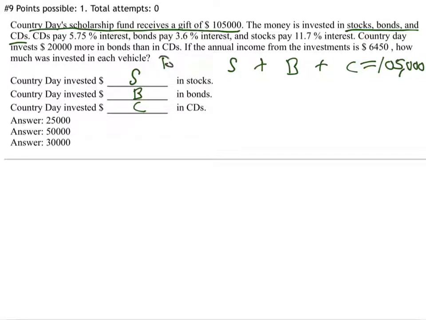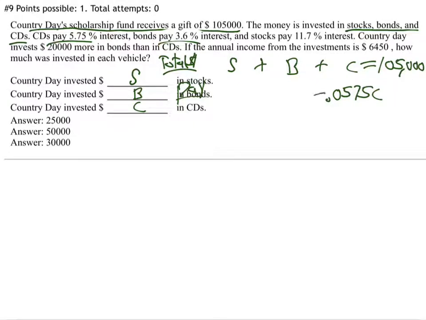That's the total dollars invested. And now, next equation is going to be all about what they pay. The CDs pay 5.75%, so that's going to be 0.0575C. The bonds pay 3.6%.